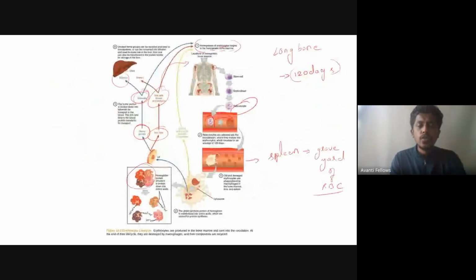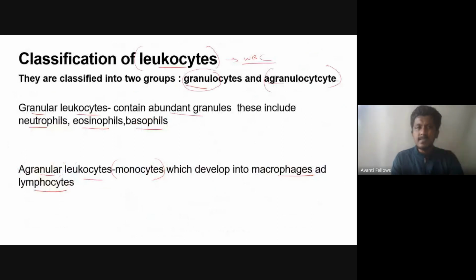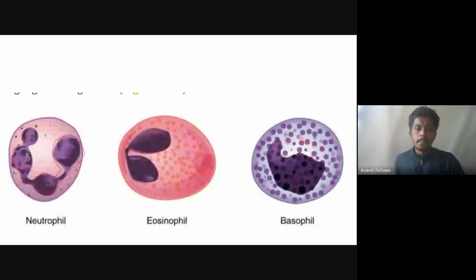Now coming to the white blood cells, we saw that they can be classified into 2 major categories: granulocytes and agranulocytes. Granular leukocytes, or granulocytes, as you can see in this picture, have spherical bodies in the cytoplasm.